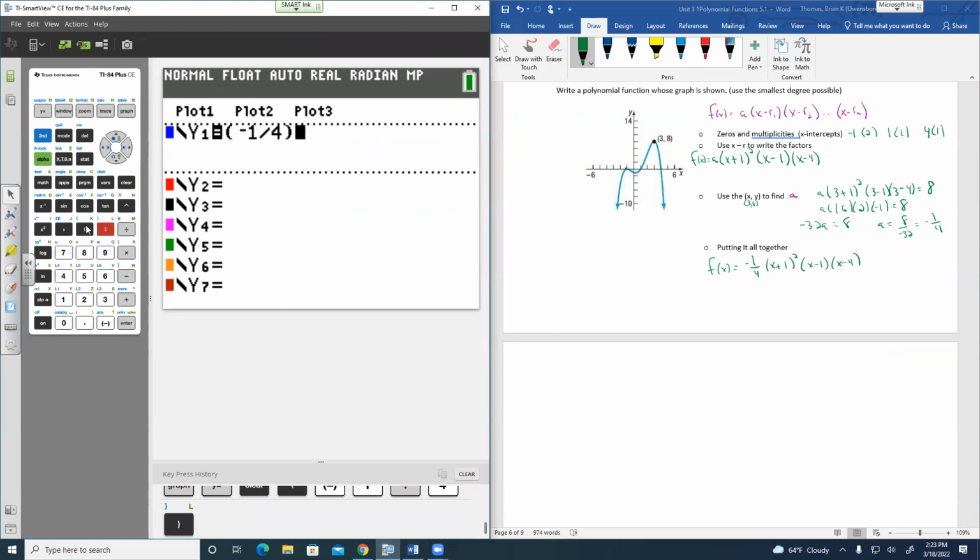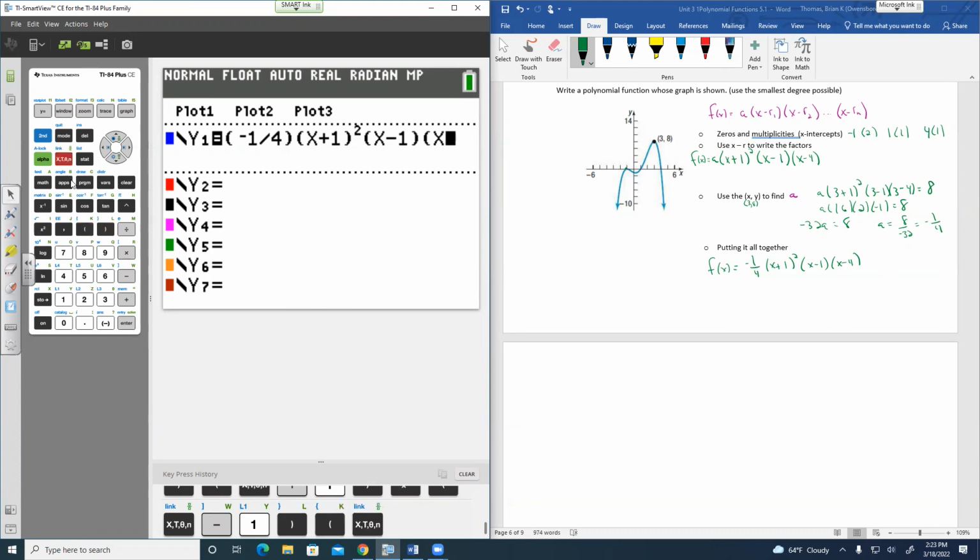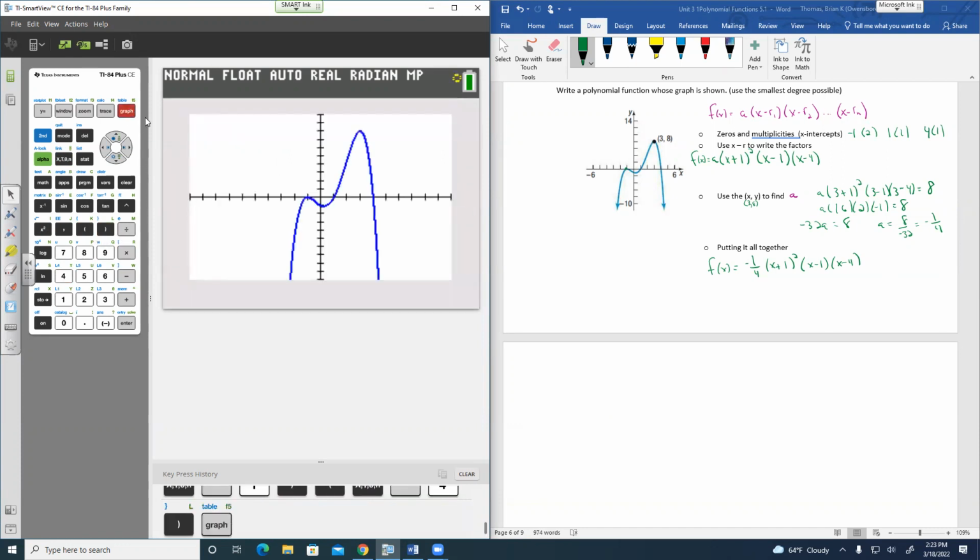So there's my -1/4 times x plus 1 squared times x minus 1 times x minus 4. Hit graph. And yeah, that does mirror the graph that they gave us. So we did a pretty good job there on finding that function because it does match.